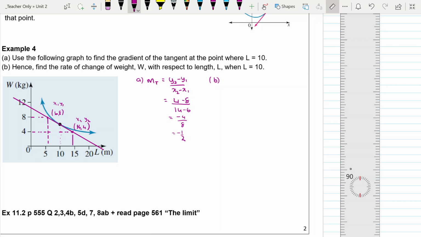So we're going to be saying that when L equals 10 meters, the weight is decreasing with respect to length at a rate of 1/2 kilogram per meter.